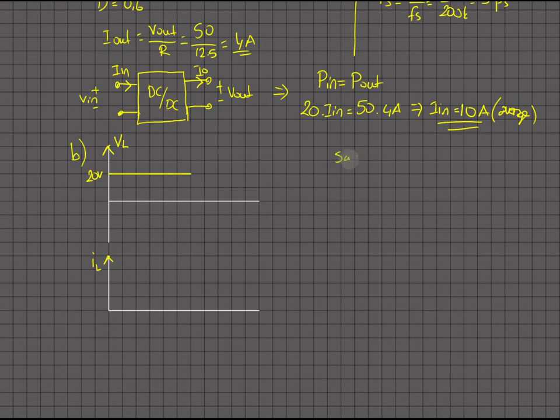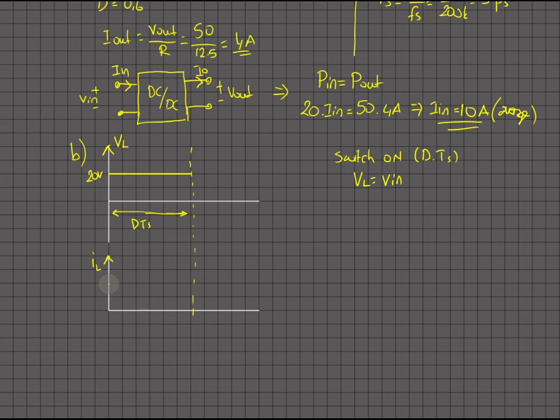So with the switch on, VL is equal to Vin for D times TS.